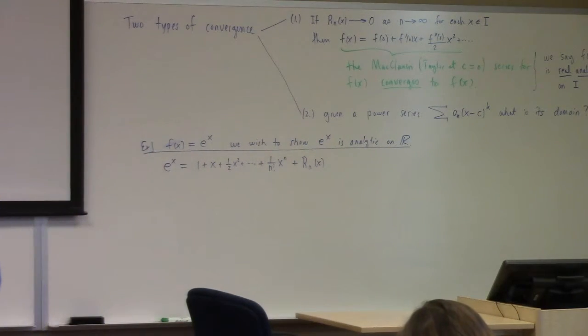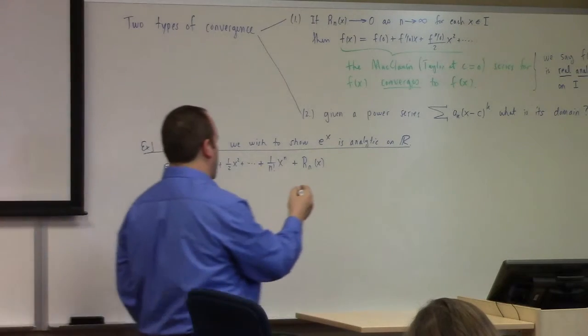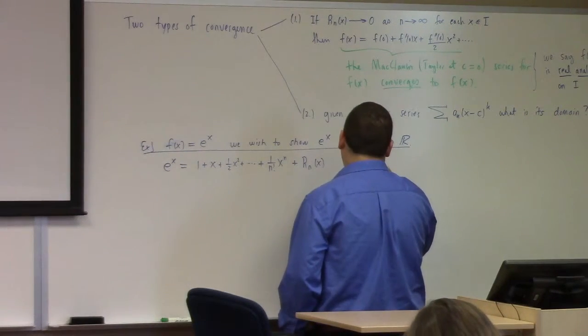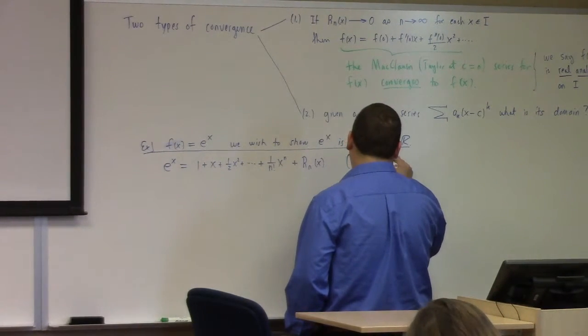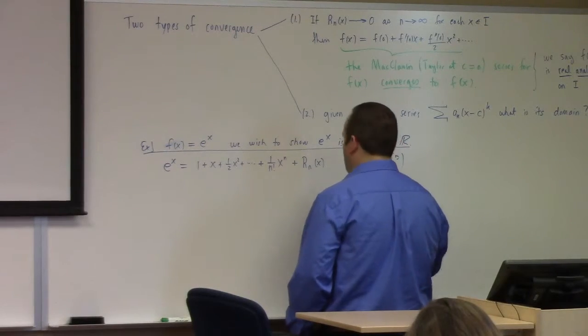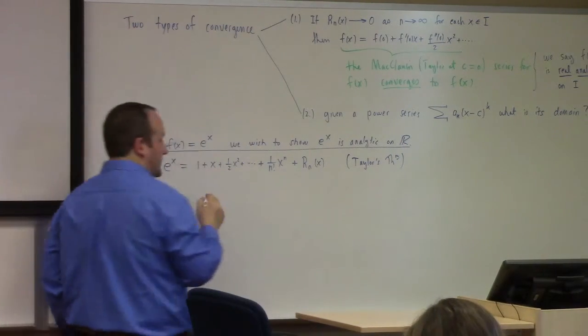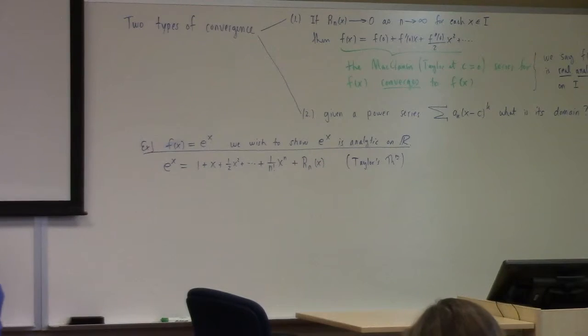By what? By Taylor's theorem, right? So I'm using Taylor's theorem. Then what's my next move? My next move is to use Lagrange's formula for the remainder, which says what?